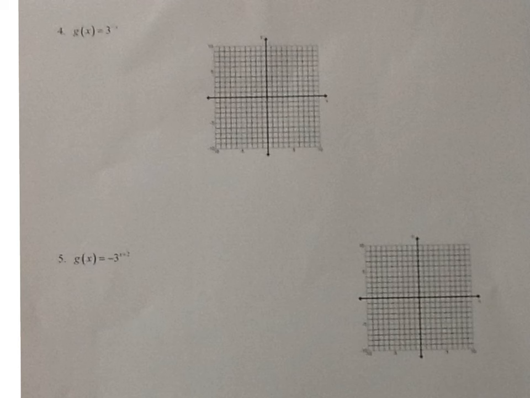Okay, so draw your parent function. So remember this is my parent function, f of x equals 3 to the x power. So I have (0, 1), (1, 3), and (2, 9). Okay, so I have g of x equals 3 to the negative x power. I'm changing x to its opposite. That's a reflection over the y-axis. So we can do the same thing, count the points. So (0, 1) will stay in the same place.